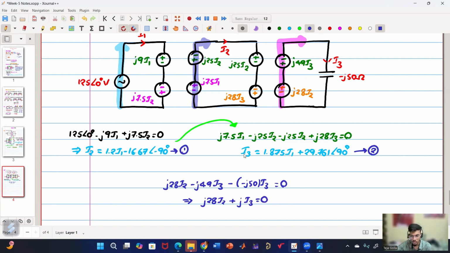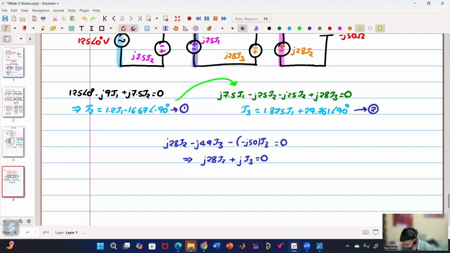So now basically what we'll be doing is we will substitute I2 in this equation and also I3 in this equation. So now we'll get everything in terms of I1. And if you solve, I am just skipping, you will get I1 equal to 13.993 angle minus 90 degrees ampere.